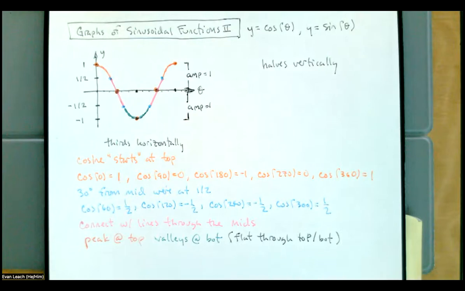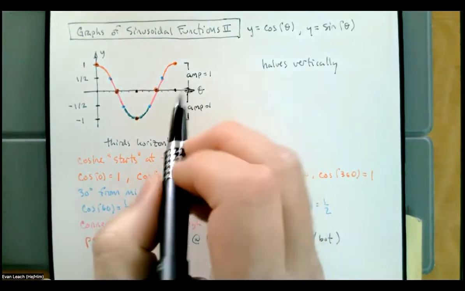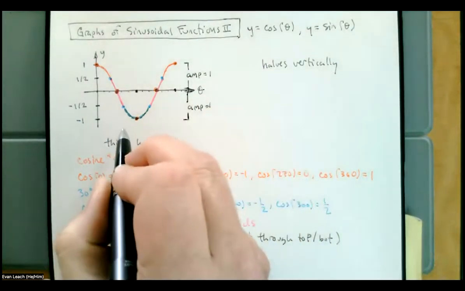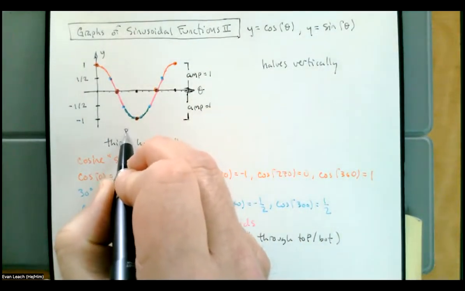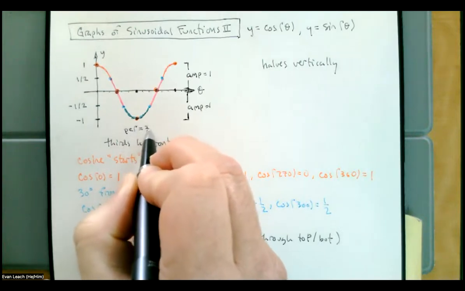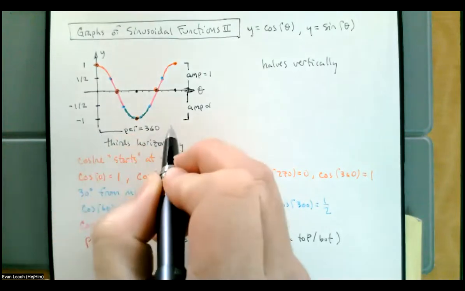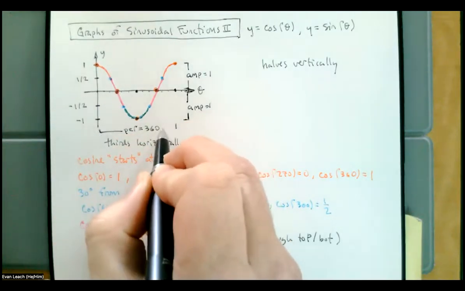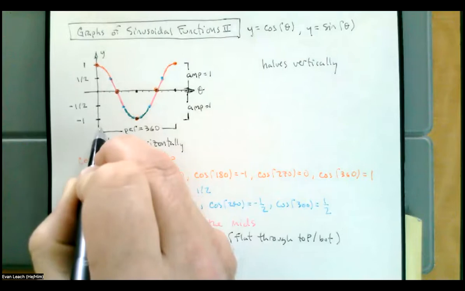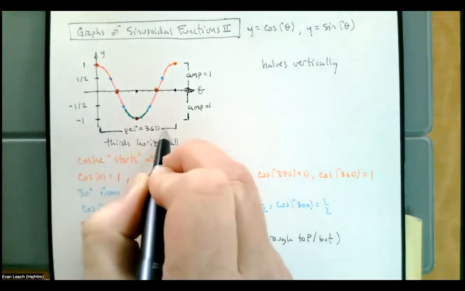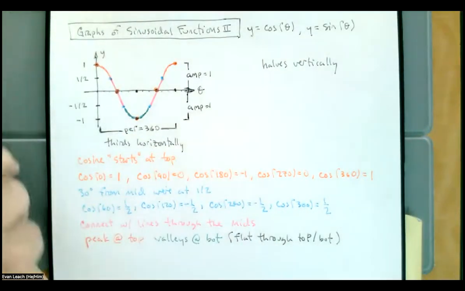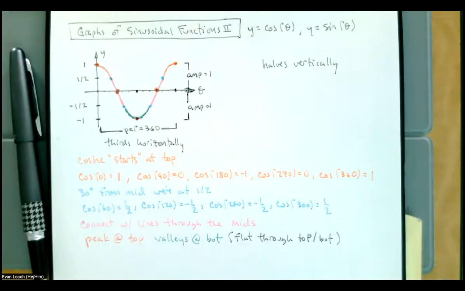The length of one period is 360 degrees. So our default period is 360. Our default amplitude is 1. This is for cosine theta and for sine theta.